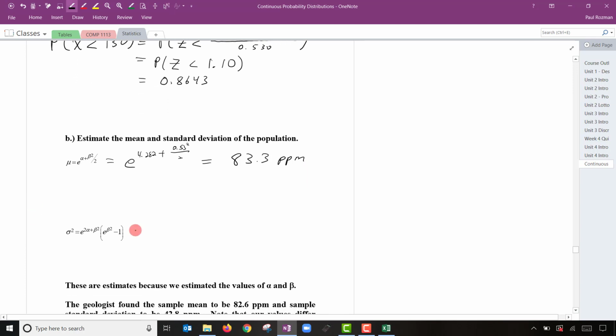And we could calculate the variance. Again, just plug those numbers in. I get 2255 ppm squared. Or if you take the square root of it, I get 47.5 parts per million. So quite a bit of variation there, if your mean is 83 and your standard deviation is 47.